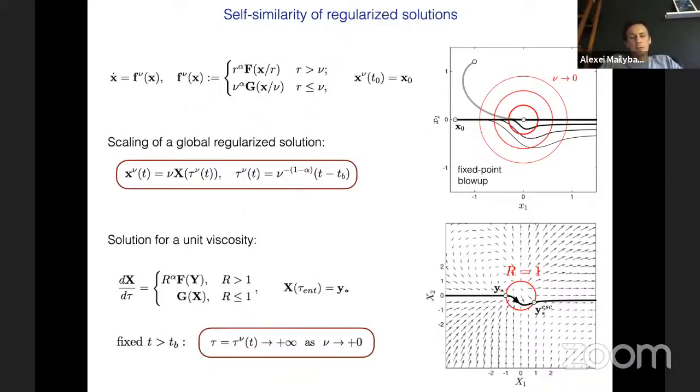So essentially, the solution that we want to understand in the implicit limit is the solution of the system which does not depend on nu, and we're interested in the value of the solution at very large time. So you already see some taste of the attractor in the dynamical system.